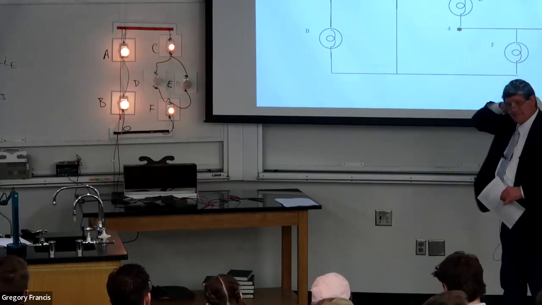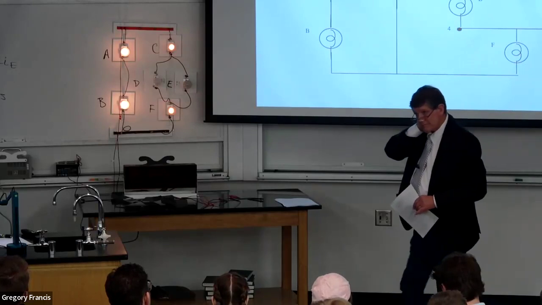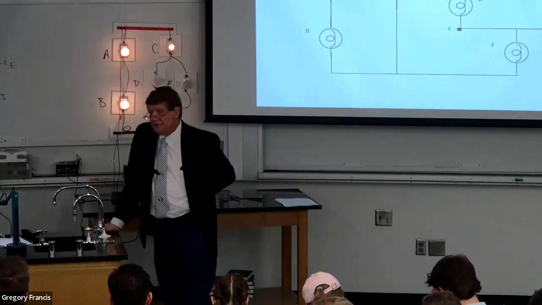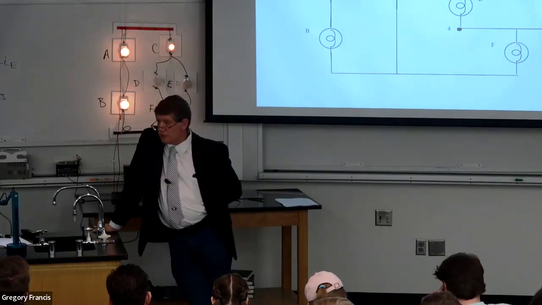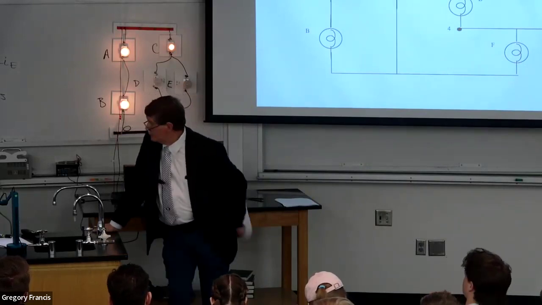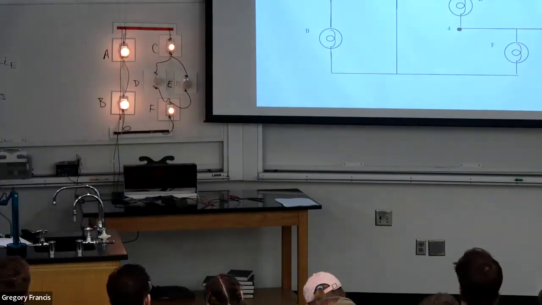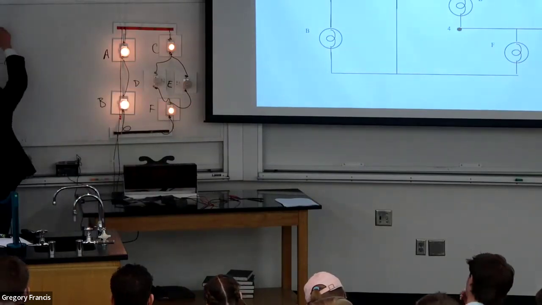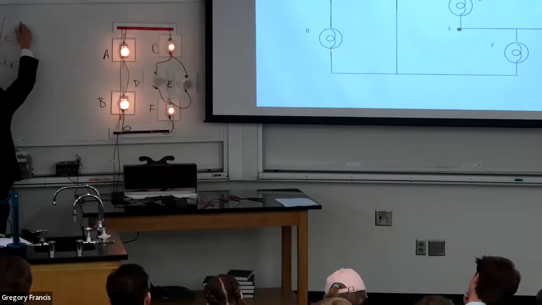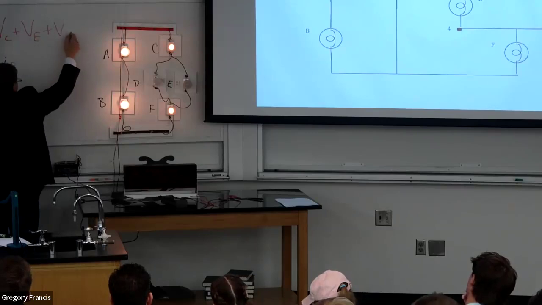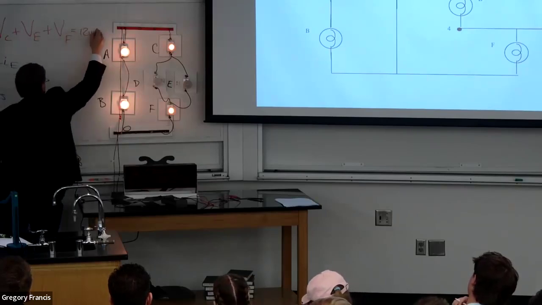But with E, I've got a pizza problem with current. It was getting half of the bigger current through branch 2. Now it's getting all of the smaller current through branch 2. So I go to my voltage model and I say the voltage across C plus the voltage across E plus the voltage across F has to equal the 12 volts of the battery.